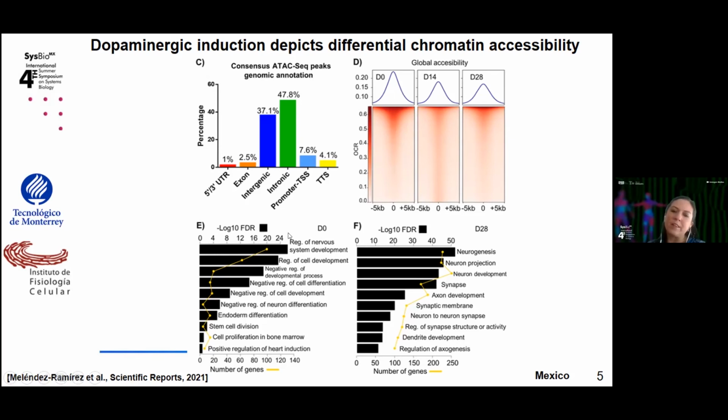And interestingly, they match. The accessible regions in day 0 are related to pluripotency, differentiation, stem cell division, whereas at day 28, they are related to neurogenesis, axons, synapses. Okay, so this all makes sense.